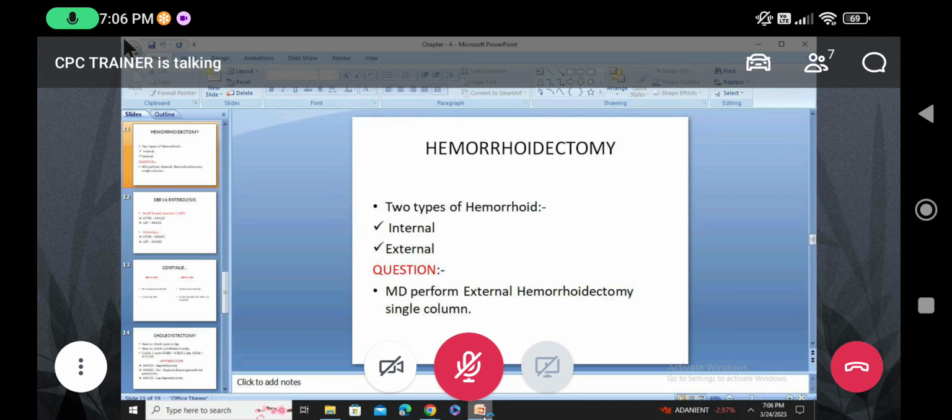Please note down this alone, guys, the heading hemorrhoidectomy. We have two types: one is internal hemorrhoidectomy, another one is external hemorrhoidectomy. And please note down the code sets, guys.